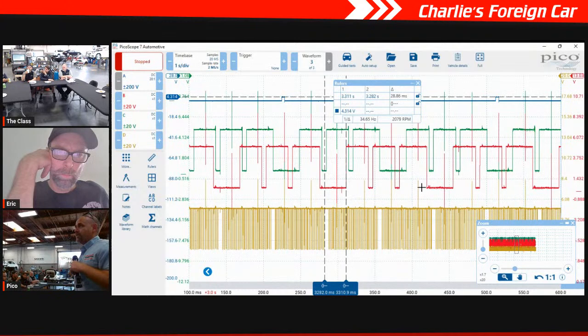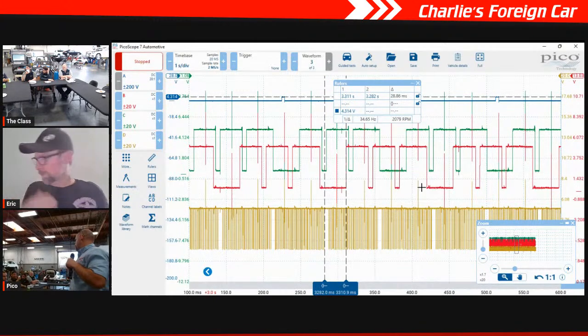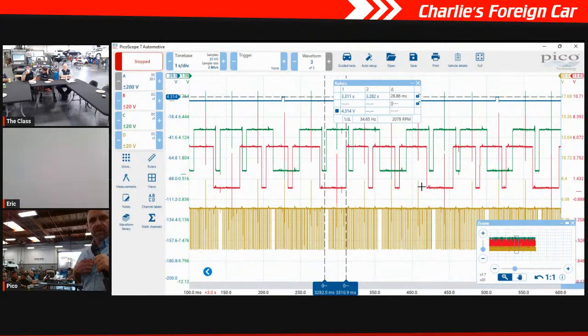The difference is what, 28 minus 38? What was our other number from the last screen? It was 38. So we have a 10 millisecond difference between when the intake is activated and when the intake is not activated in comparison to the crankshaft, right?